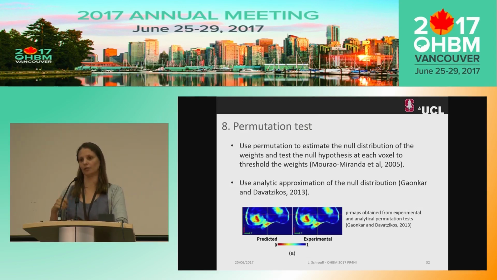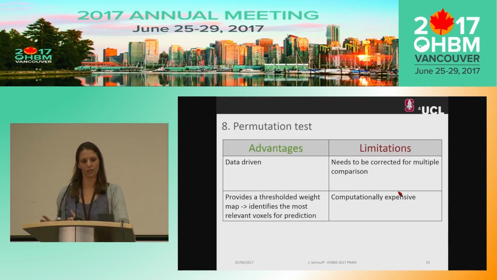You can either actually do the permutations or you can use an analytic approximation of the null distribution, but I think that's only for SVM. It does not apply to all the techniques. So that technique is data-driven, and it provides a thresholded map of the model that you have computed.